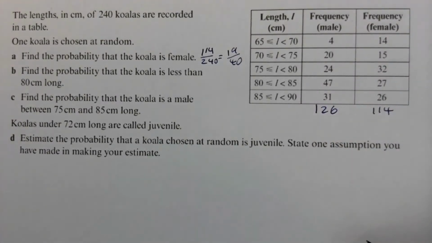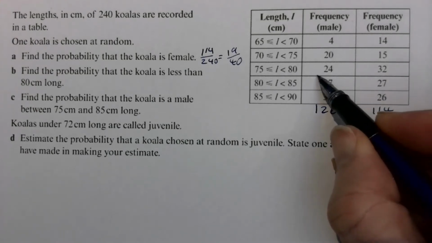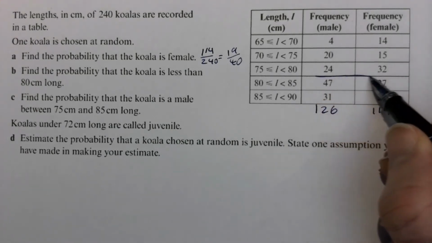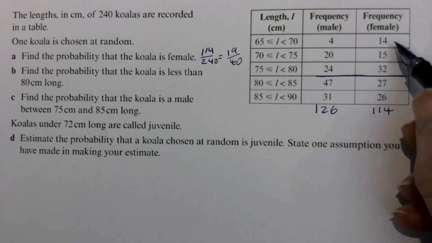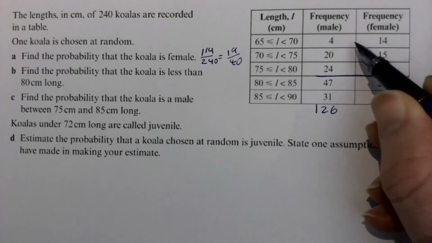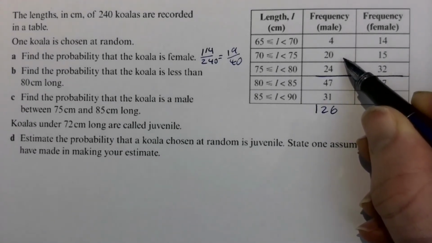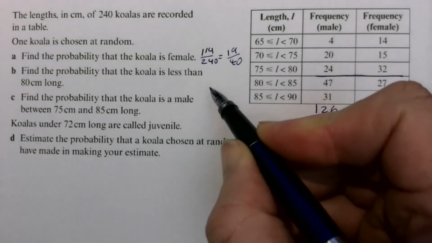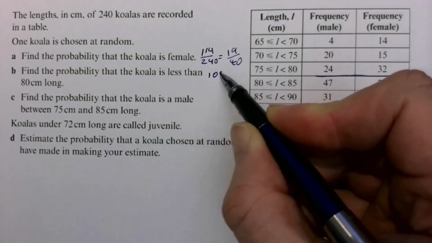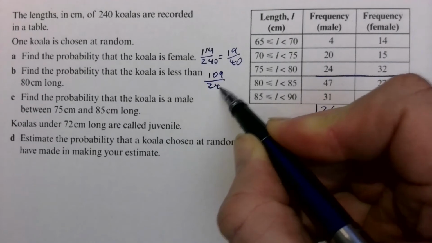Now the probability the koala is less than 80 centimetres long, so that means all of these ones up here, 14 plus 15 plus 32 plus 4 plus 20 plus 24, and they all add up to 109 out of 240.